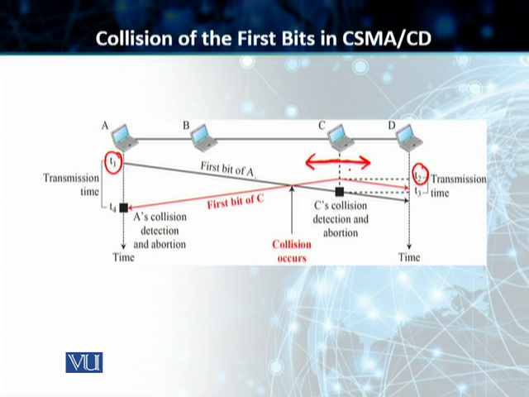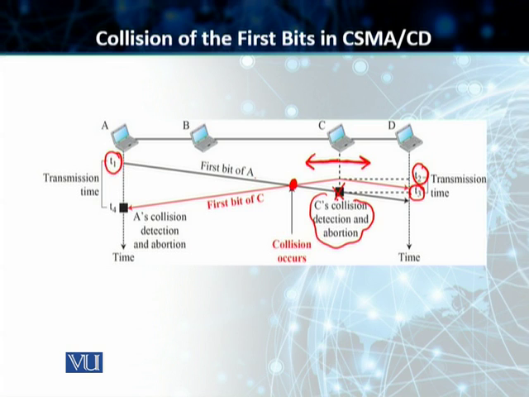Now students, at time T3, as you can see, the collision occurs sometime after time T2, which we are showing in this slide as time T3. So this is our collision point, and C detects this collision at time T3. And it aborts; it stops transmitting any more data.